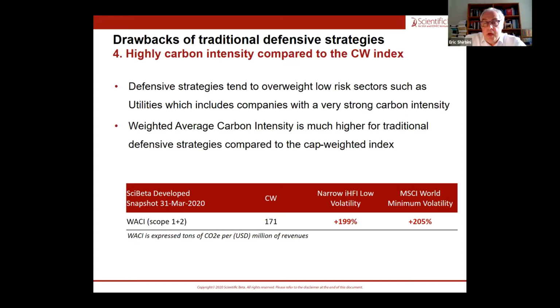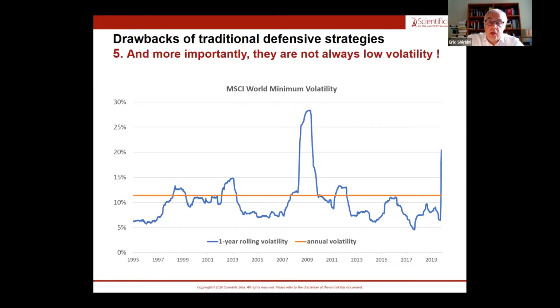You tend to have a carbon exposure which is twice as high as the cap weighted index. So we need to address this concern as well. And we also need to understand if we can address this concern without harming the performance of the underlying defensive strategy as well.